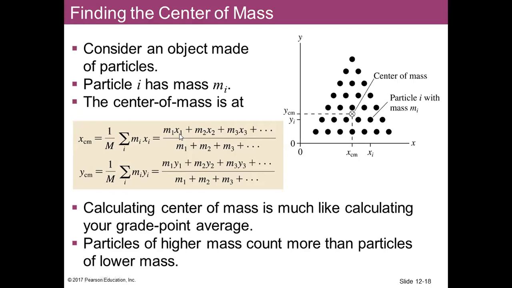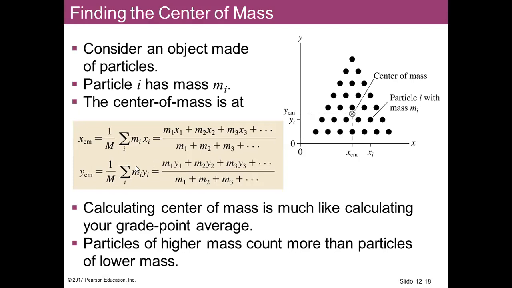If we have three particles, it's m1 times x1 plus m2 times x2 plus m3 times x3 over m1 plus m2 plus m3. If we have up to the ith particle, then we follow the same rule up to the ith particle.